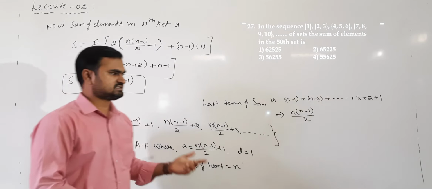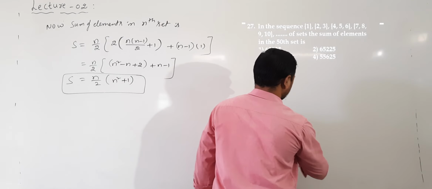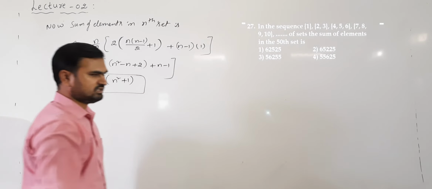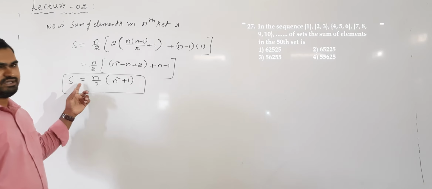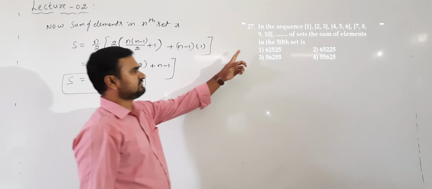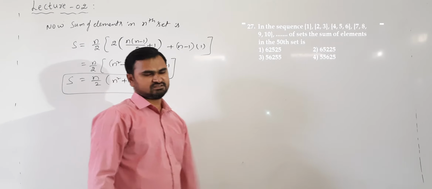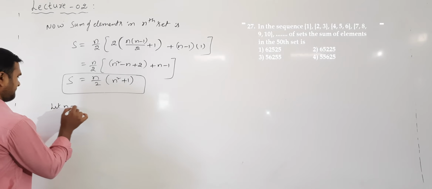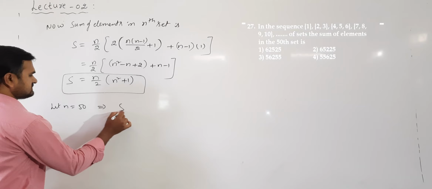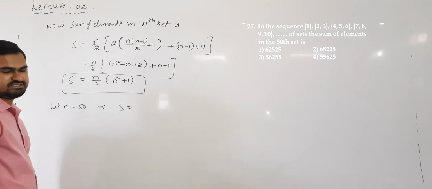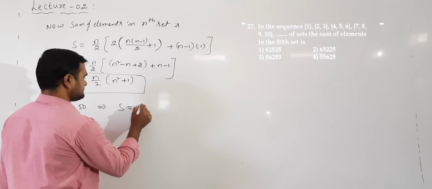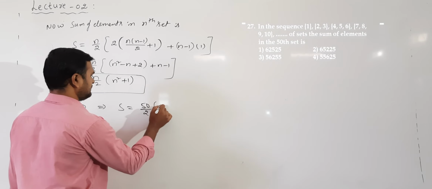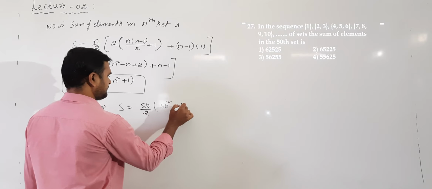So the sum up to n terms in the set Sn. After finding the sum of elements in any set, what we need is the sum of elements in the 50th set. So just take n equal to 50. What will be the sum of elements in the 50th set? It is 50 by 2 into 50 square plus 1.